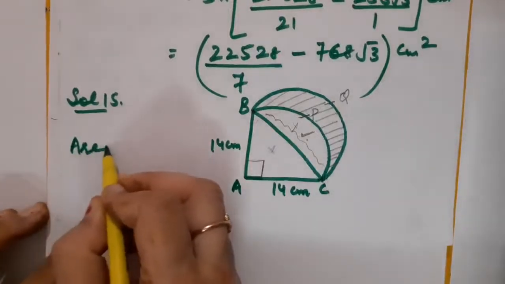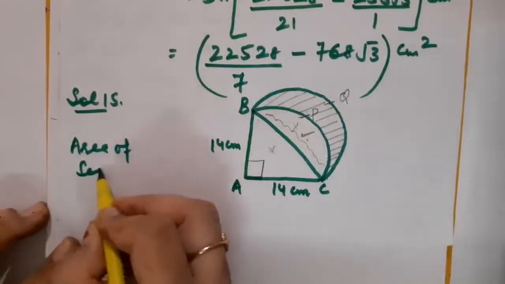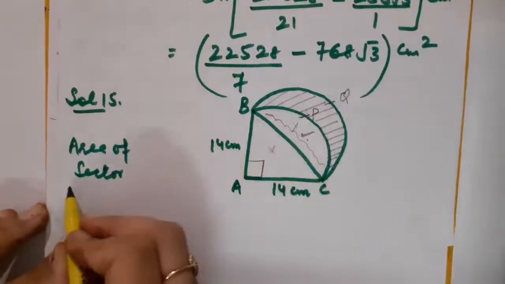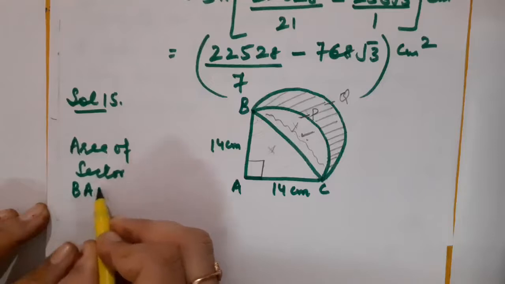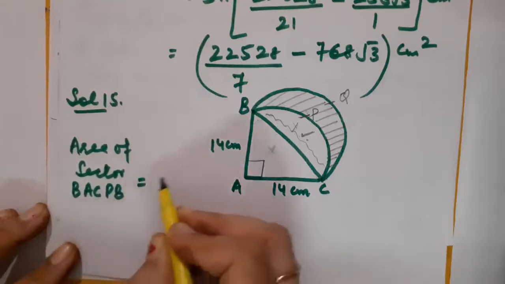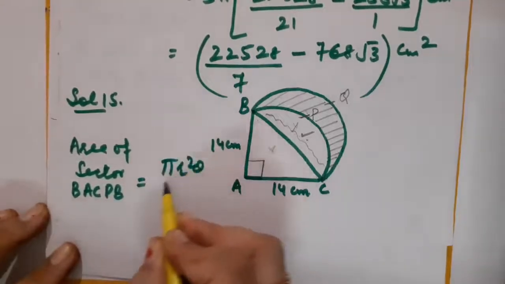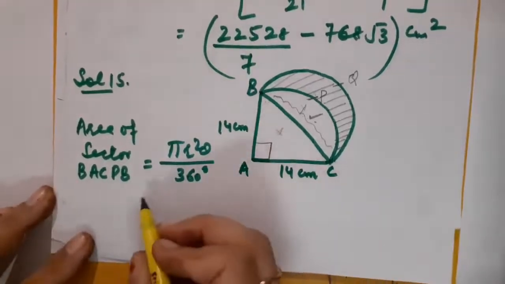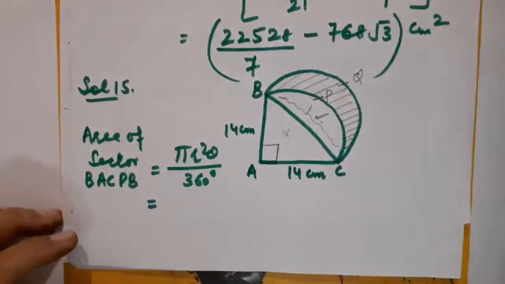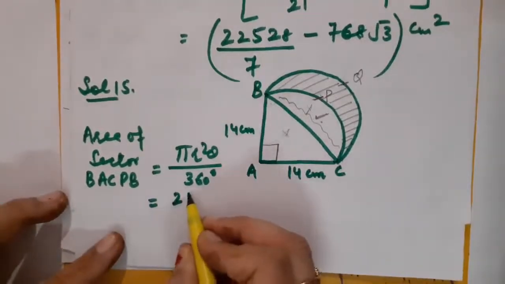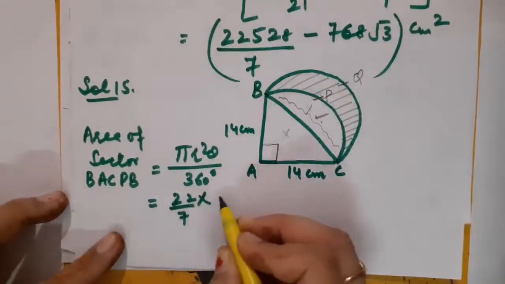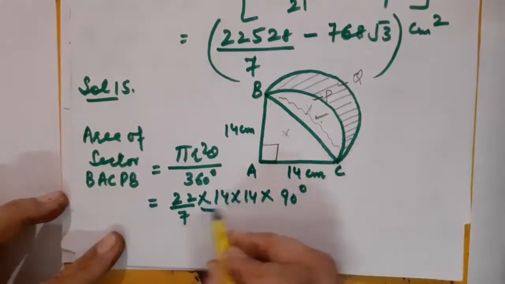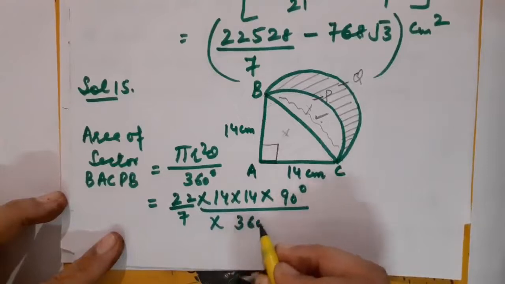First of all, area of sector BACPB. The formula you know, that is pi r square theta upon 360 degree. Theta also we know, that is 90 degree. So let us substitute the values. This is 22/7 into radius 14 into 14, theta is 90 degree upon 360 degree.